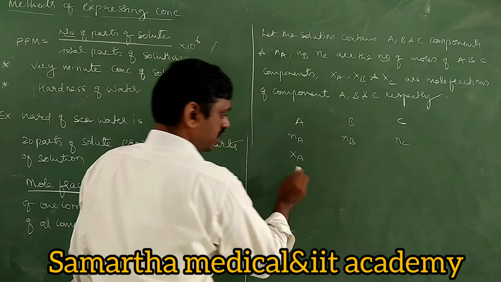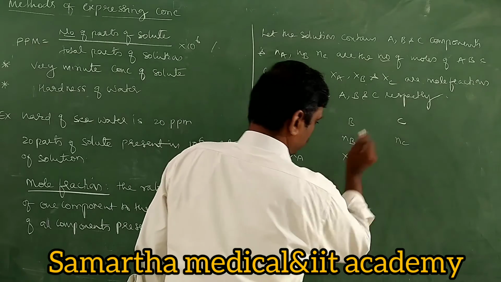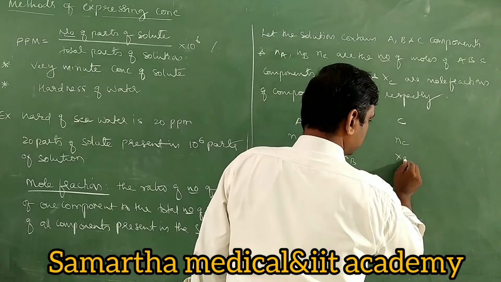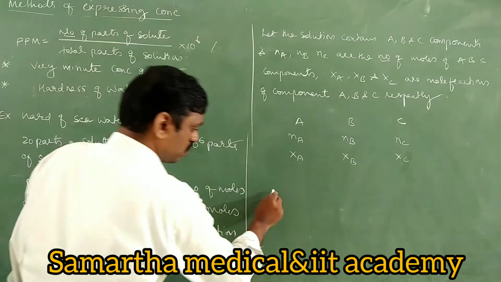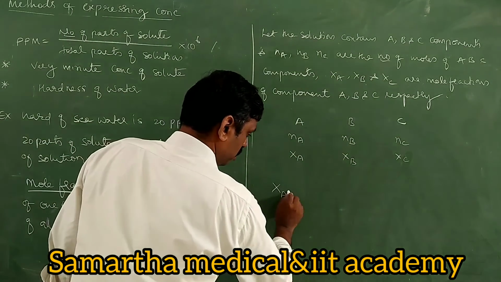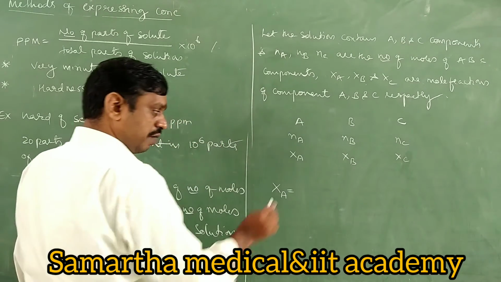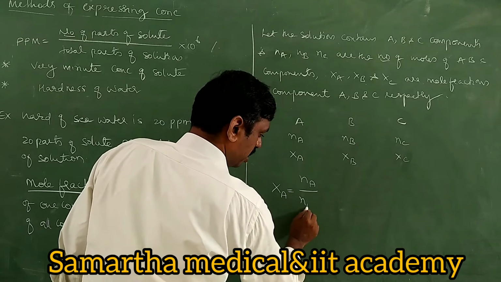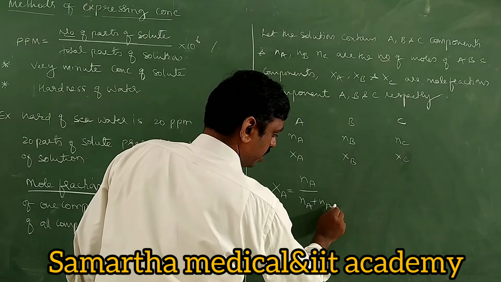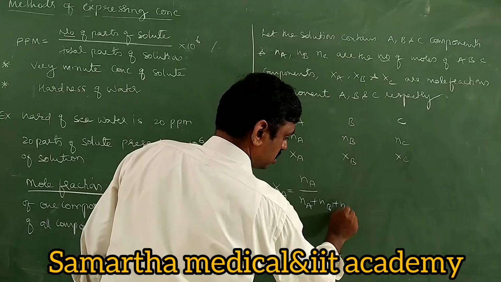Let us take XA, XB, XC. Now we want XA. Mole fraction of A is equal to number of moles of A divided by number of moles of A plus B plus C.